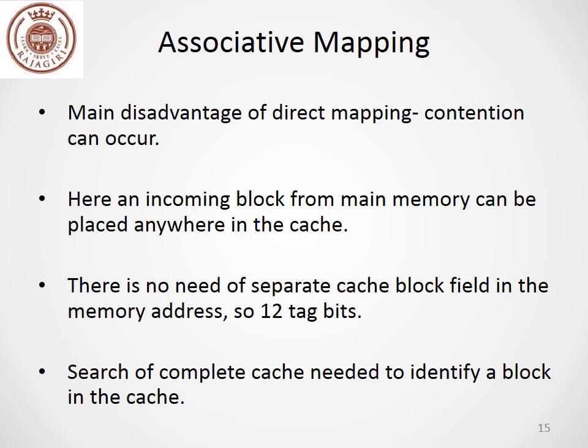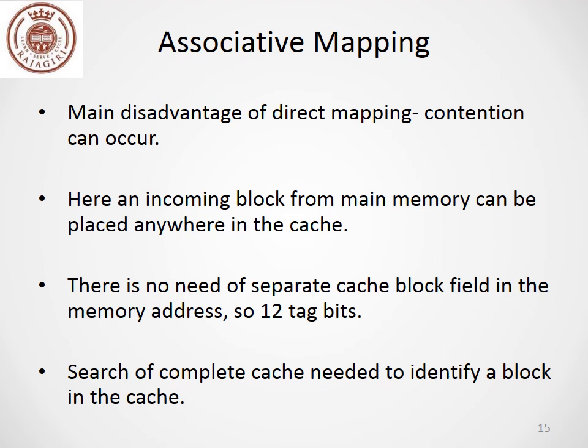A solution to this direct mapping problem was achieved in the next method, which is known as associative mapping. Here, an incoming block from the main memory need not be mapped into a particular modulo position. Instead, it can be placed anywhere in the cache if that position is free. So what do we understand from that? There is no need for a separate 7-bit cache block field in the memory address.